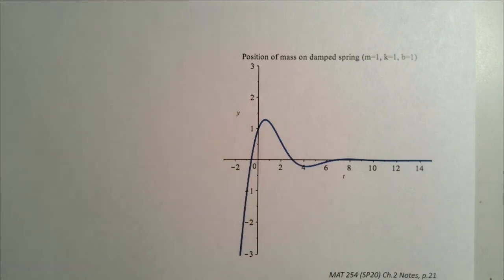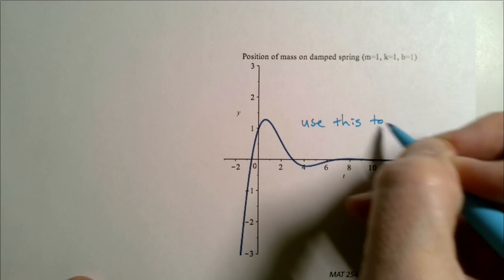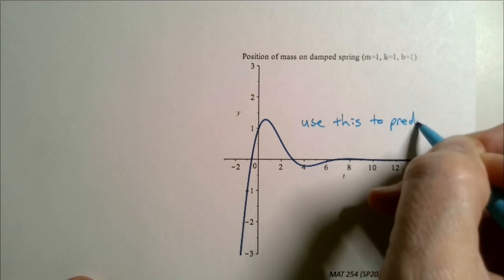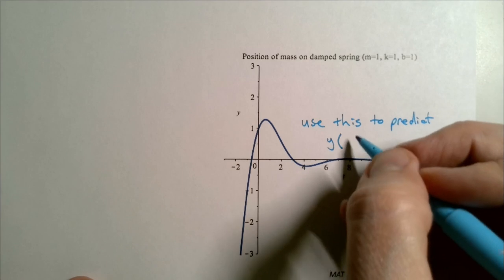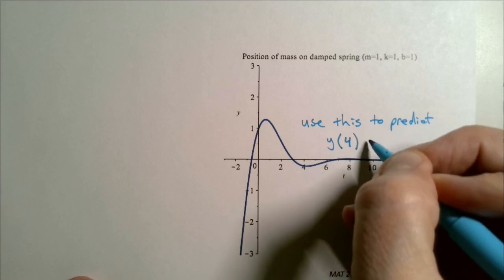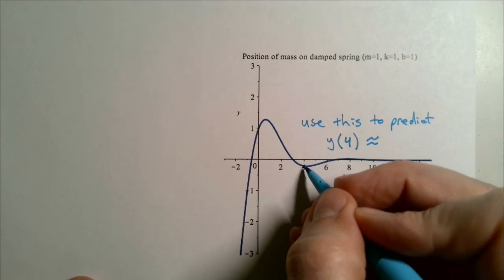And we can use this to make predictions, right? We can use the scene graph to predict or to estimate things like, what's the position when t equals 4? And we'd say, oh, when t equals 4, it looks like the position is right about here.